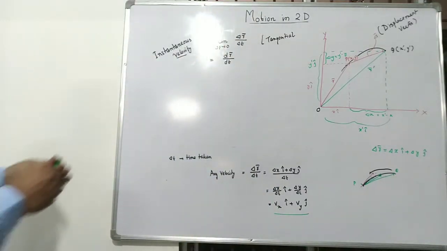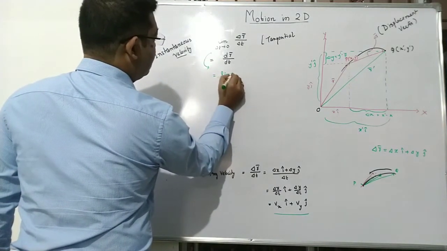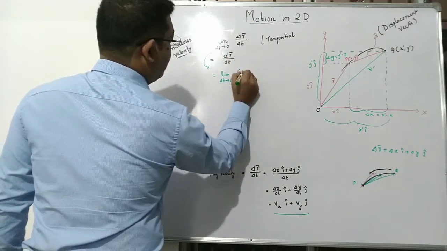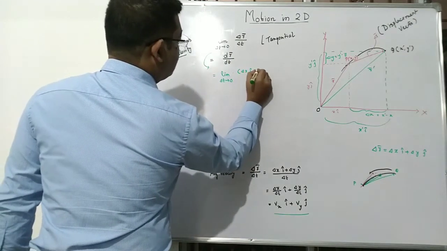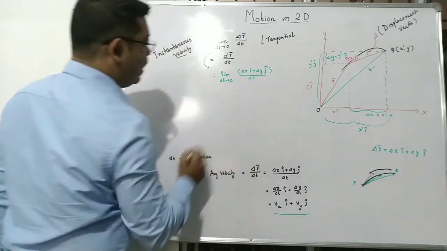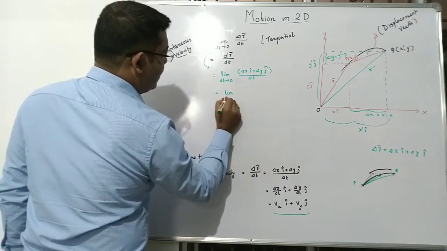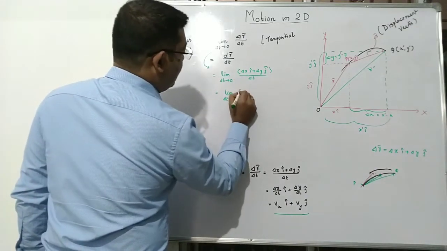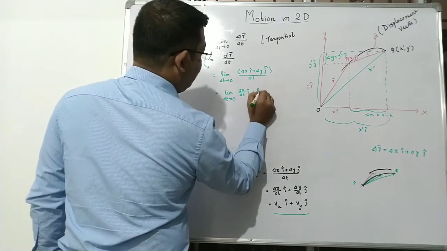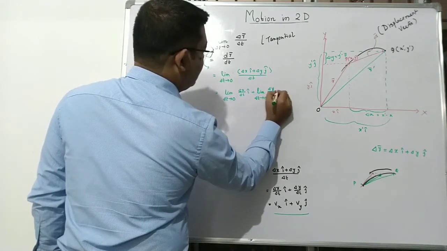Also, this equation can be rewritten as limit delta t tends to 0. Instead of delta r, we can write delta x i cap plus delta y j cap, whole thing divided by delta t. If we open up the limit and the bracket, we have limit delta t tends to 0 delta x by delta t i cap plus limit delta t tends to 0 delta y by delta t j cap.